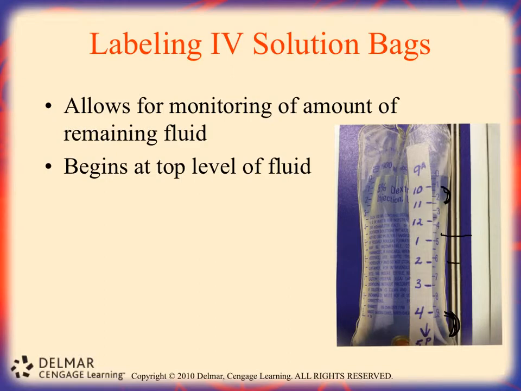This example was to infuse 1000 milliliters over 8 hours, so you would divide 1000 by 8, which would be 125 milliliters per hour. At 9 a.m. is when it was started, and then you go down 125 milliliters and you mark it at 10 o'clock, and you would keep doing that.